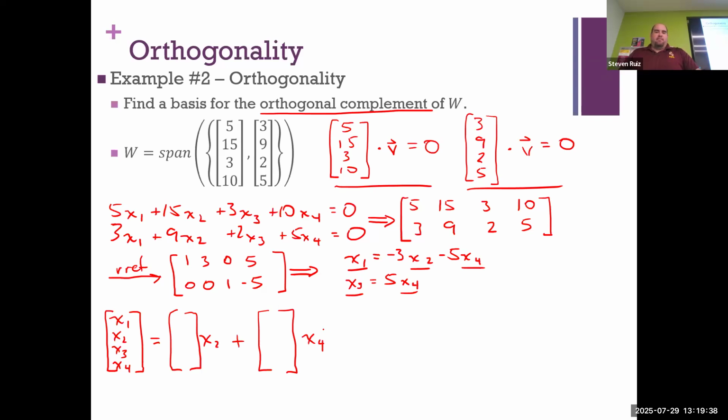All right. So we can drop in our x2 and x4. We know what those look like because those are parameters. What is x1? What's the x1 row going to look like? Negative 3x2 plus negative 5x4. And then x3 is 0x2 and 5x4.